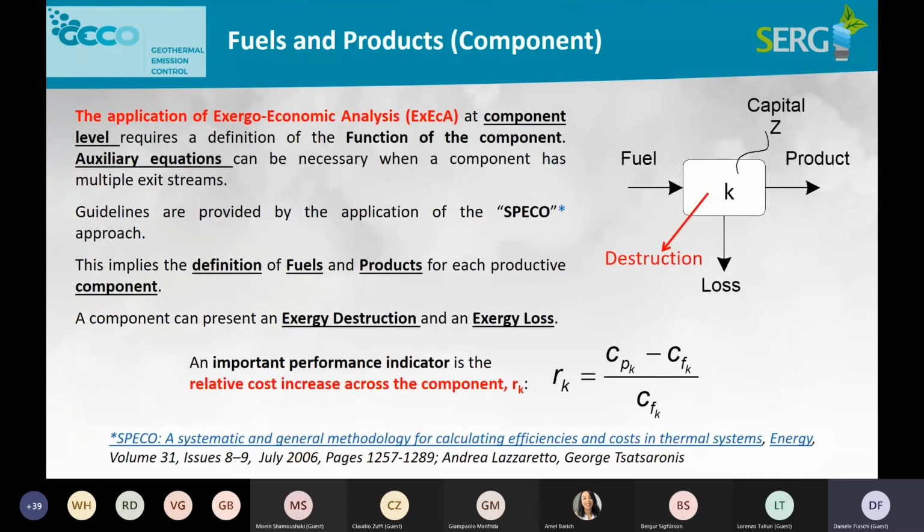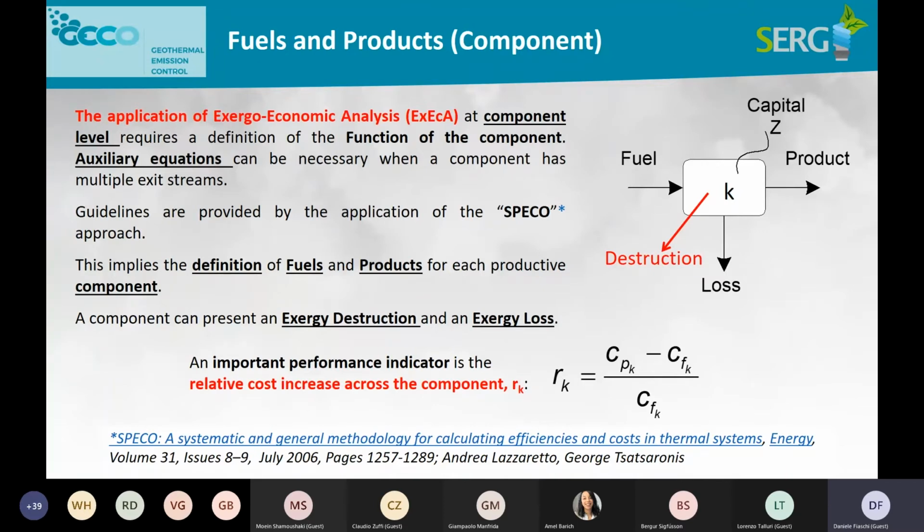So, at component level, as explained in the previous presentation given by Professor Manfrida, Exergo-Economic analysis requires the definition of the function of the component. It implies the definition of fuels and products for each productive component, and eventual auxiliary equations are necessary in case of multiple outputs.